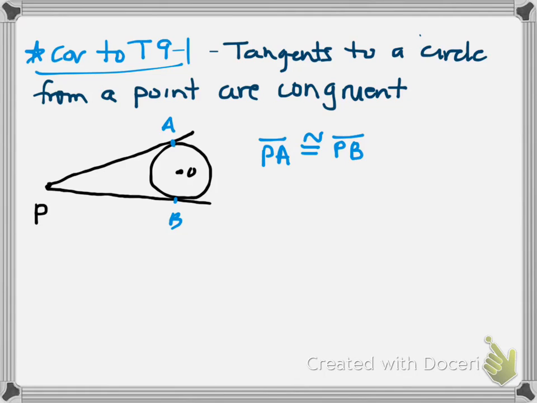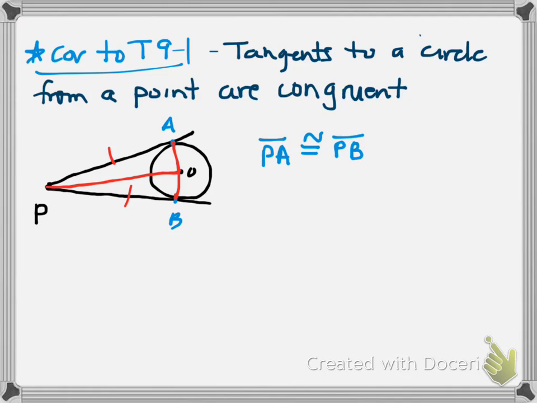Okay, well, that's going to come in handy, because if I put that together with the first one and I drop a radius and then I connect up, I've got an isosceles triangle, right? This guy here is going to be congruent to him. And I've got this big isosceles triangle.